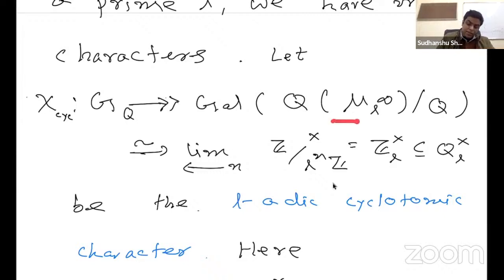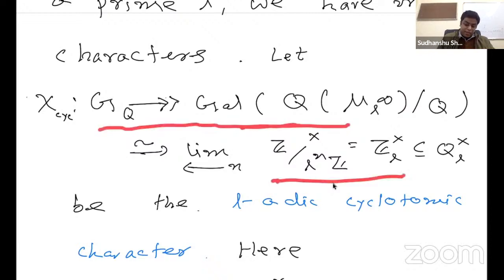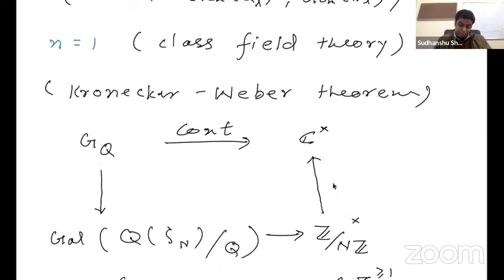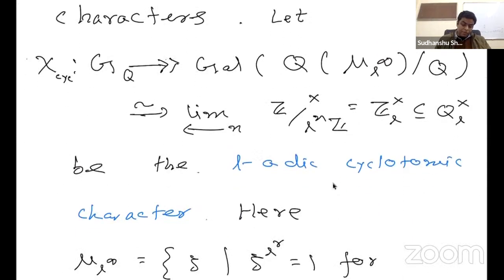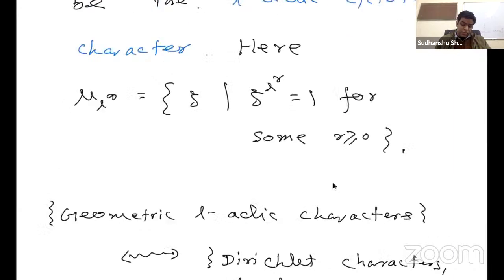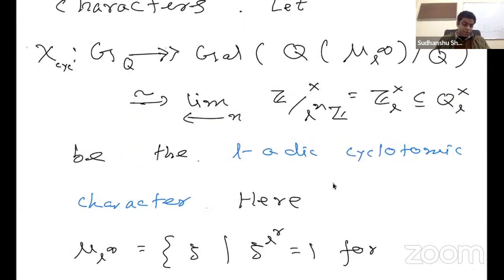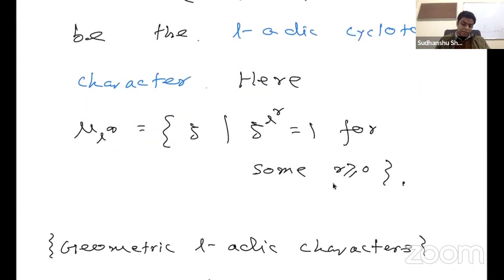We take the extension of Q obtained by joining all l-power roots of unity, and then we get a surjection of GQ to this Galois group, which is actually isomorphic to Z_l star. Here l is a prime number, and this is how the l-adic cyclotomic character is defined.